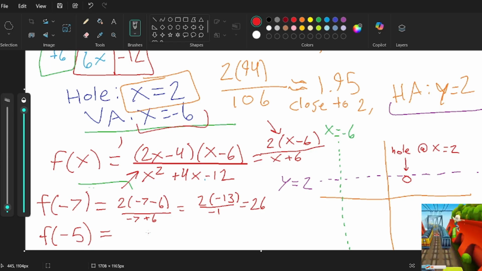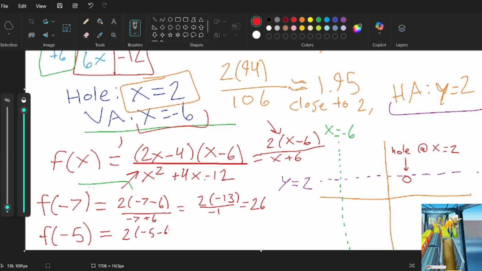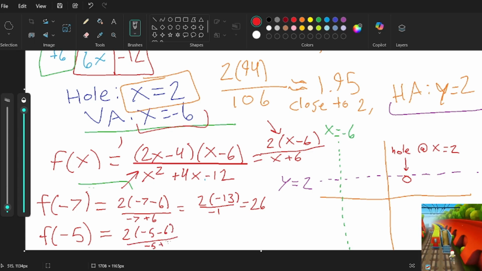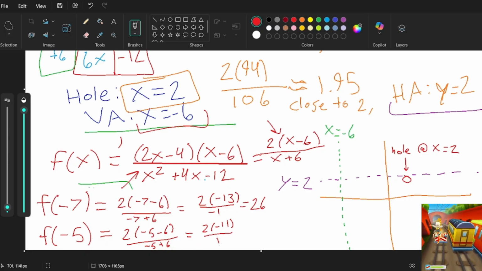If I plug in f of -5, I get 2 times -5 minus 6 over -5 plus 6. So that is equal to 2 times -11 over 1, which is -22.